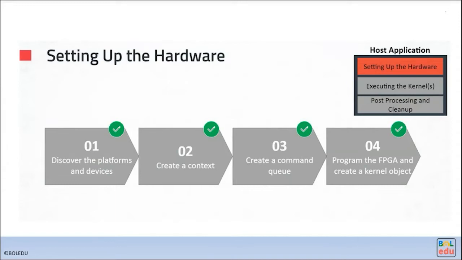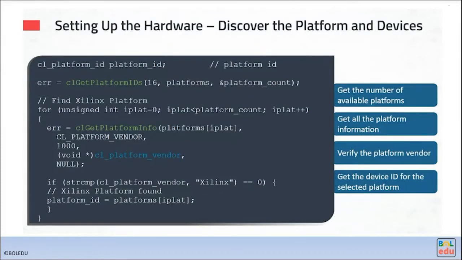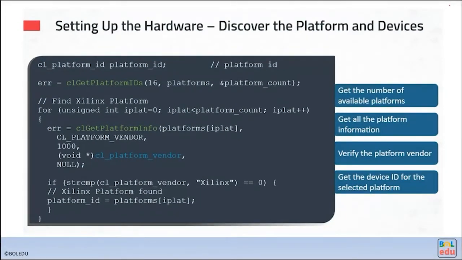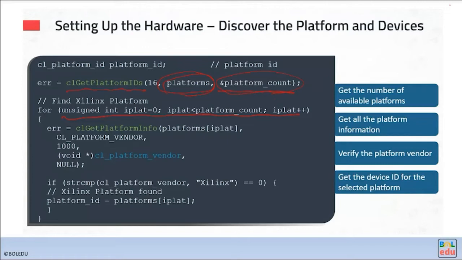Okay, for setting up the hardware, those are the steps. Let's look at the detailed code here. First, we need to identify the platform in the system. We try to get the platform information. Here there is a platform object, and it returns how many platforms are found. Then we go through each platform, and we need to make sure the platform is a Xilinx platform.